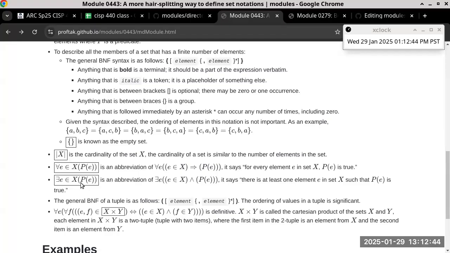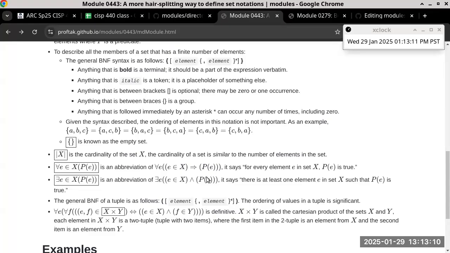But the long form of this one is saying that there exists at least one thing in the entire universe such that that thing is an element of X and P of E is also true at the same time. So the first one, which is the boxed version, is just a shorthand for the longer version here.